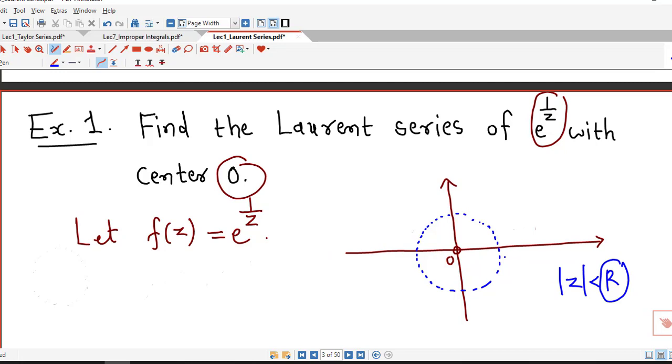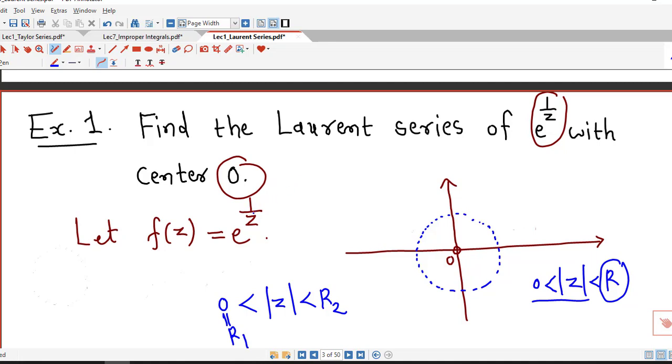So we have to exclude z equal to 0 from this open disk. So we have to add the condition that the absolute value of z is greater than 0. That means z can never take the value 0. So we can consider this annular domain as 0 less than absolute value of z less than r2. Here r1 is nothing but 0.